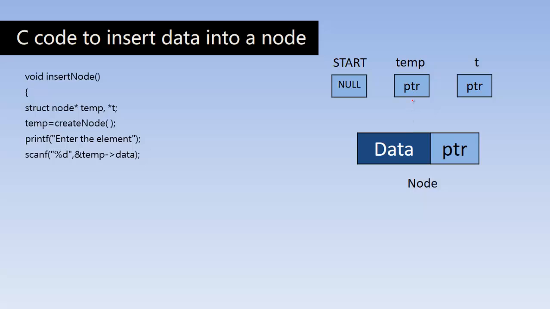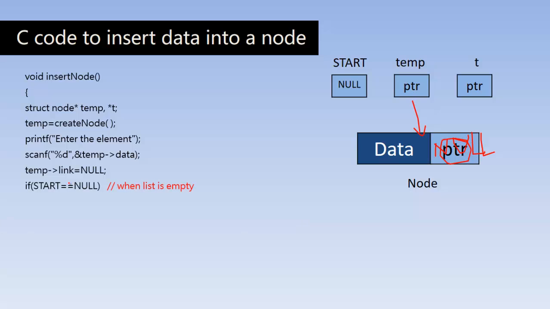Okay. Next, temp->link = NULL. We are considering this as the first node in the list, so we will assign the null element to this node. So now this first node has the null element in the pointer place, right?